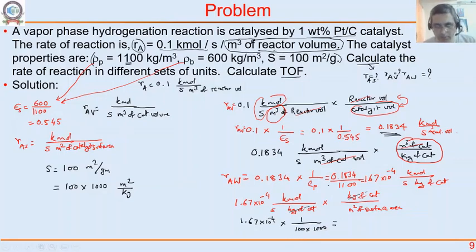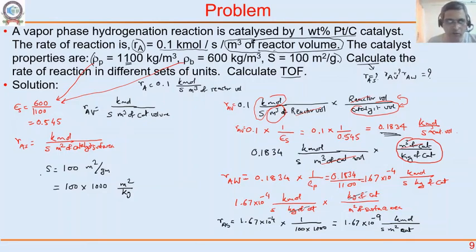So this would be 1.67 into 10 raised to minus 4, 10 raised to minus 7 and 10 raised to minus 9. This would be 1.67 into 10 raised to minus 9 kilomoles per meter square of the catalyst. We don't say per meter square of surface area of catalyst, we just say per meter square of catalyst per unit time. The time unit is always there. This is our now RAS, isn't it?